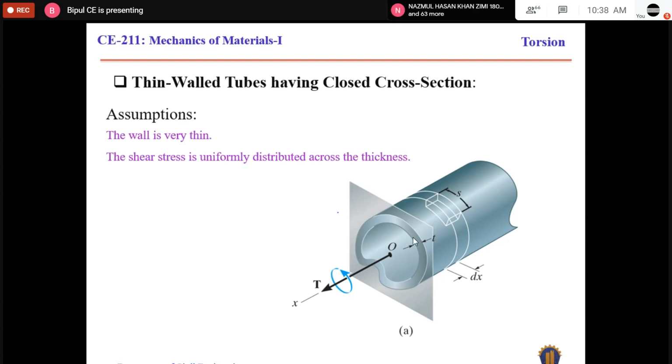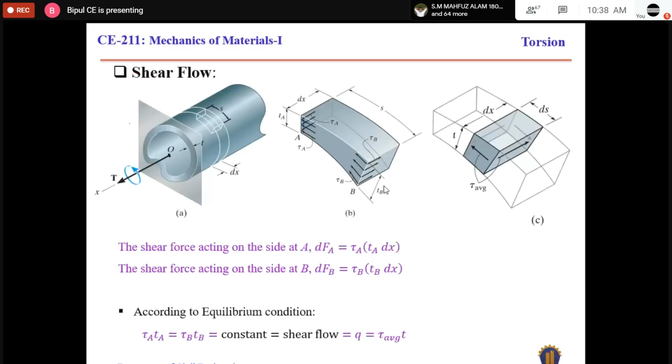The stress at the inner surface and outer surface will be almost similar, as the thickness is very small. So we can assume that the entire thickness is subjected to uniform shear stress. The shear stress is uniformly distributed across the thickness. These are the assumptions to develop the torsional formula for thin wall tubes.